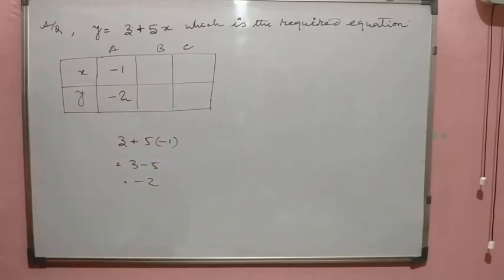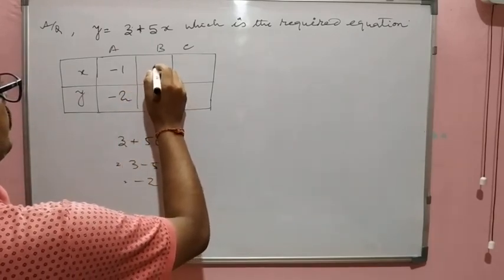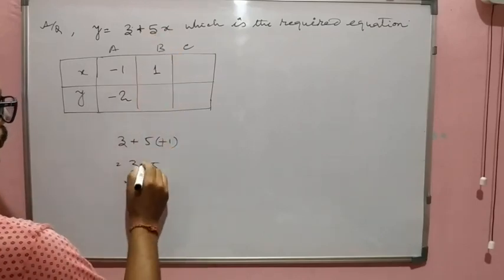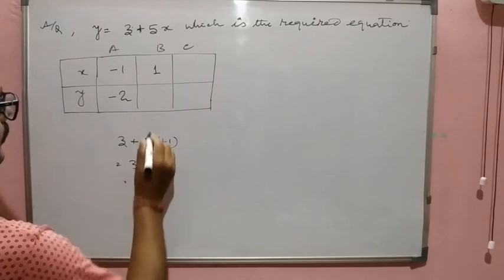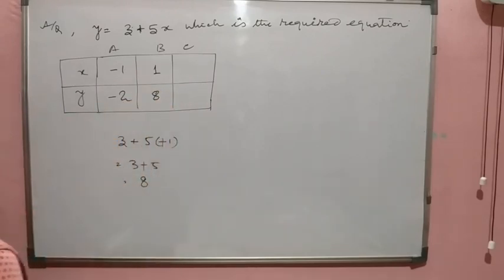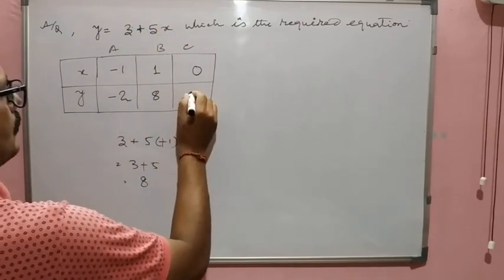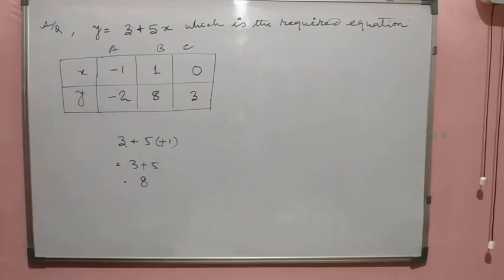Value of x we can give as 1; if we give 1, it will be plus 8. Now give this one as 0. If we give 0, this will be 3. So these are the 3 solutions of this equation.